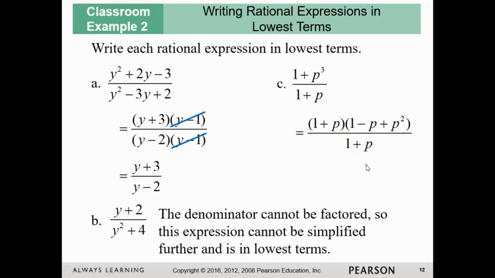So that 1 plus p is going to cancel out. Now we have this trinomial, and it is written in lowest terms. Once again, we factored the numerator and the denominator, then we canceled out the common factors.